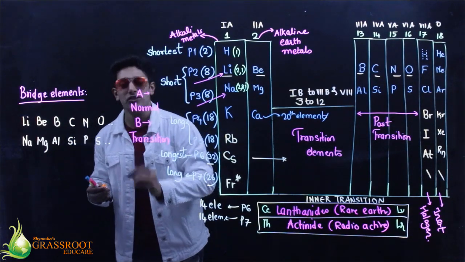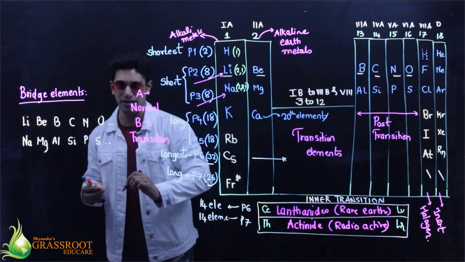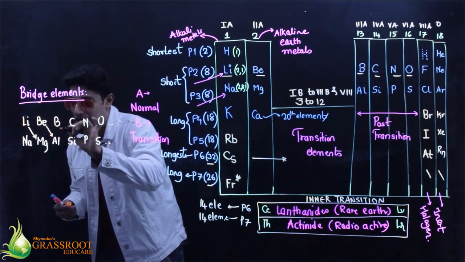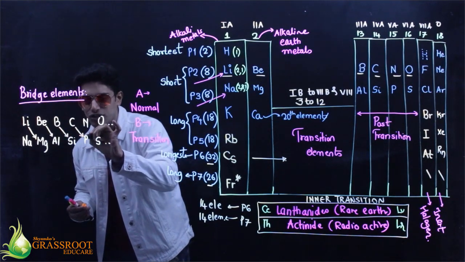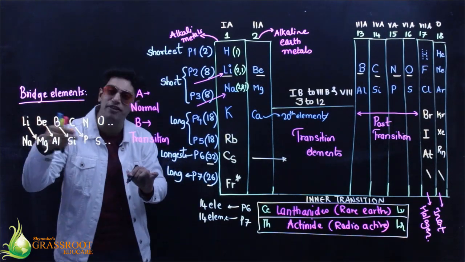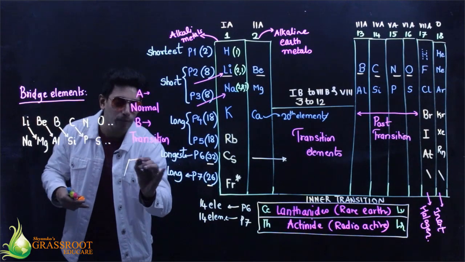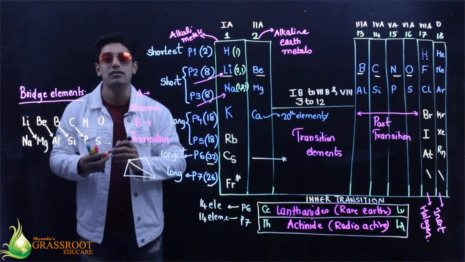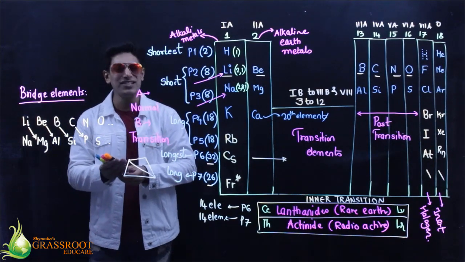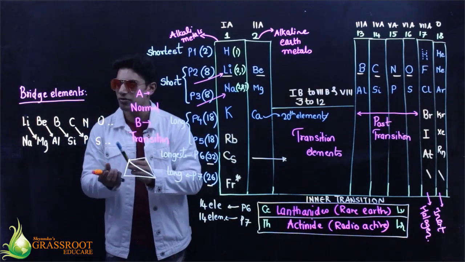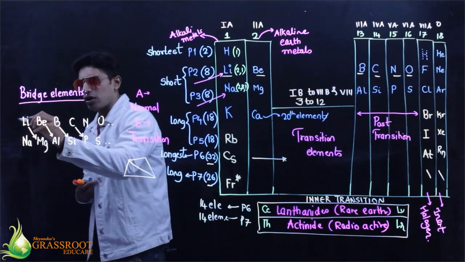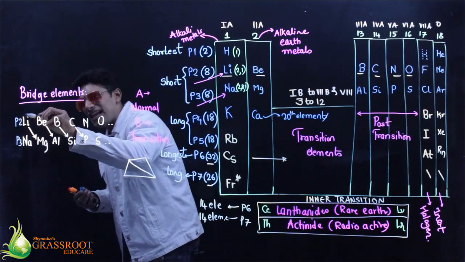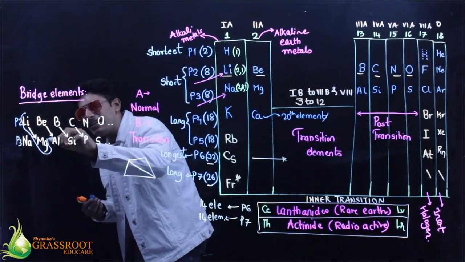Always remember, the bridge elements are those elements which have a diagonal relationship. I'll tell you what a diagonal relationship means. Can you see these are all diagonals which I've made? In geometry, isn't this said to be one of the diagonals?